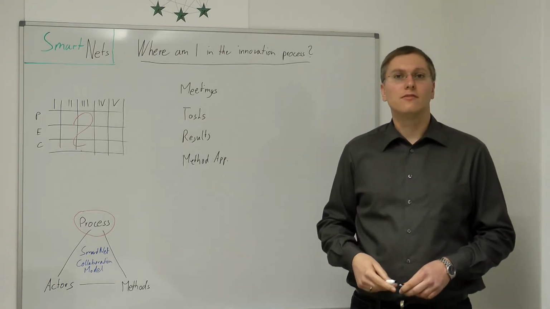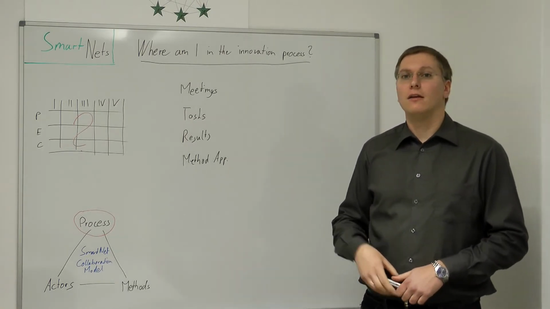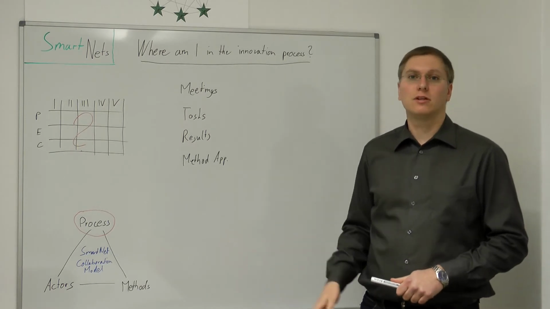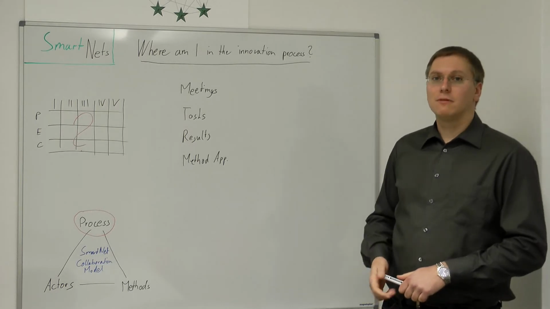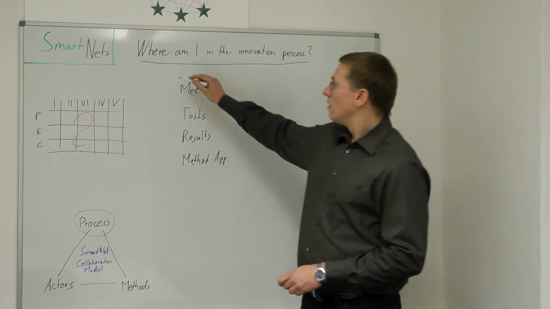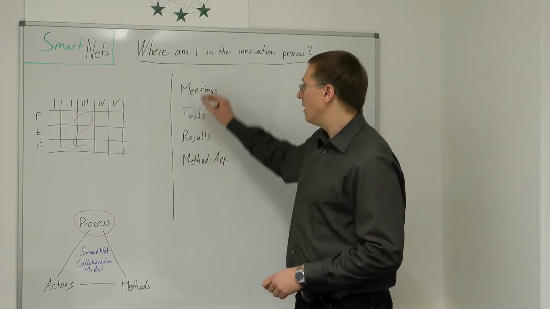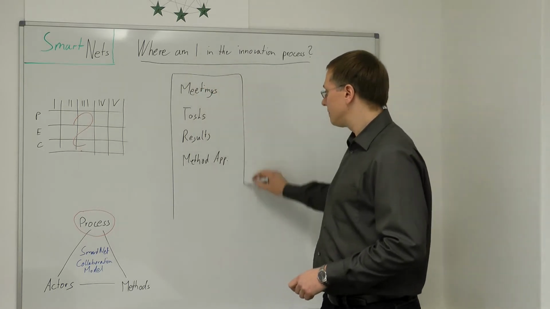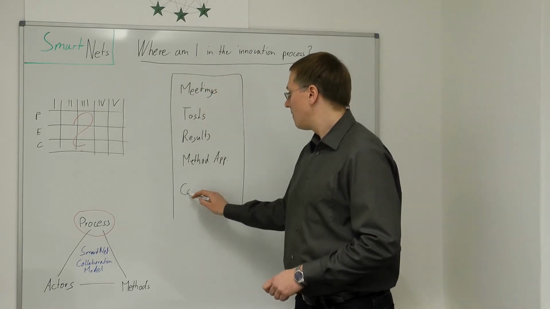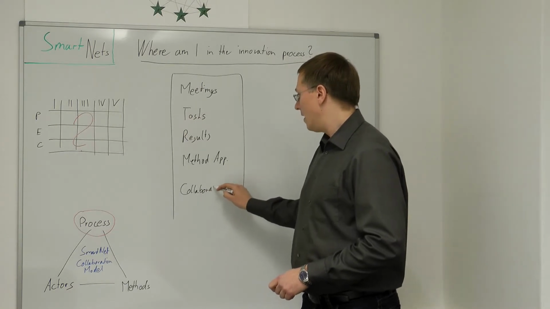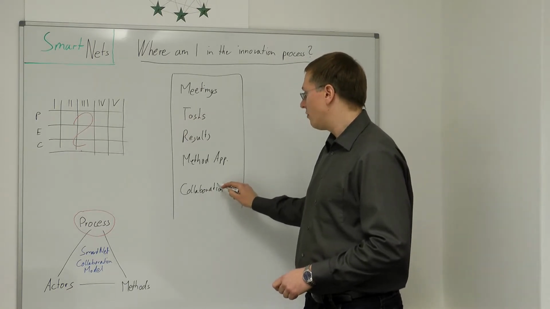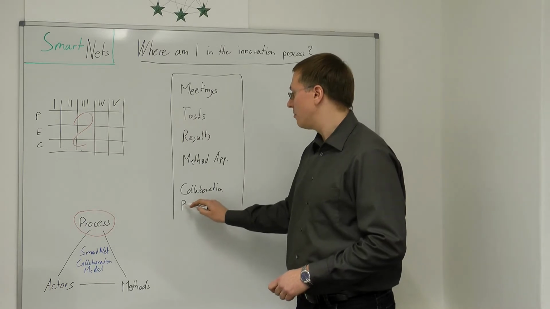Of course, all this information can be stored in different places, in a Word document, in an email, in an Excel file. But in SmartNets, what we do is we put this all on the project's collaboration platform. And this collaboration platform, it is called Tricia, and it is provided by one of our project partners.